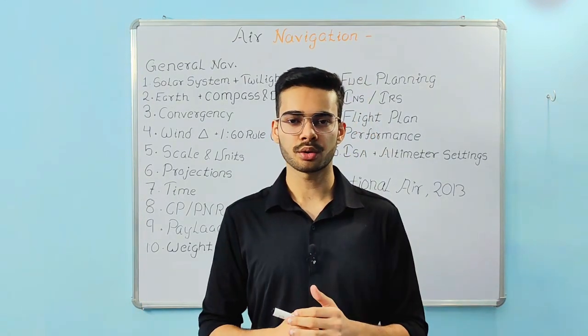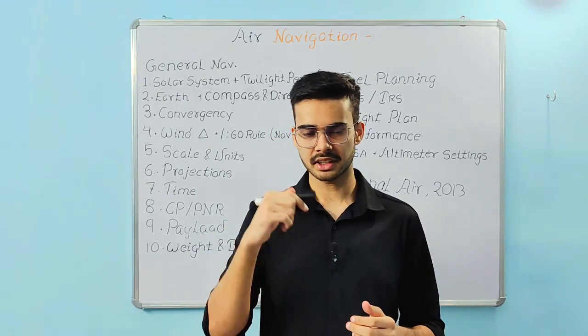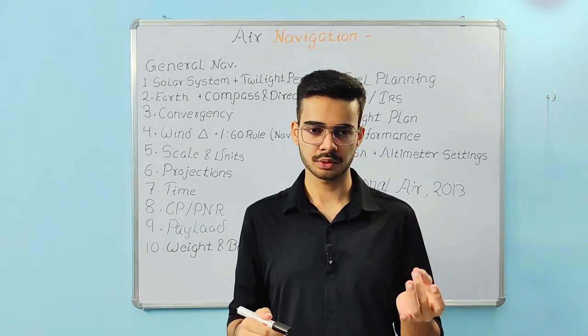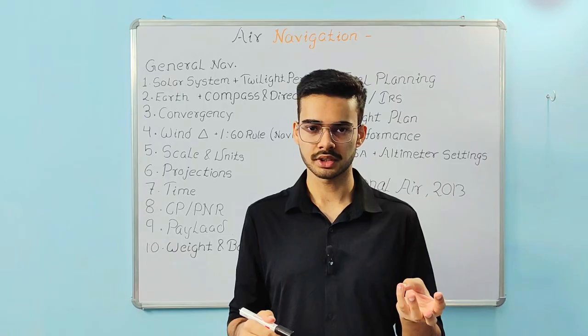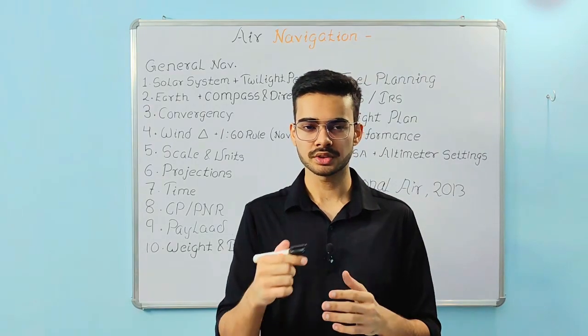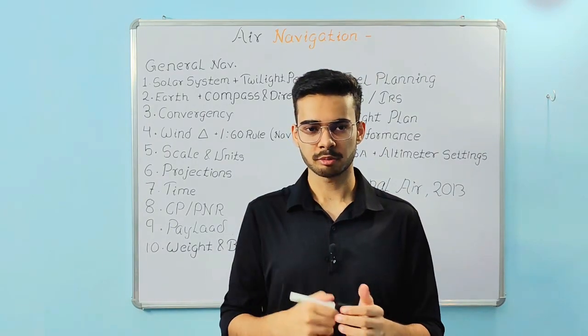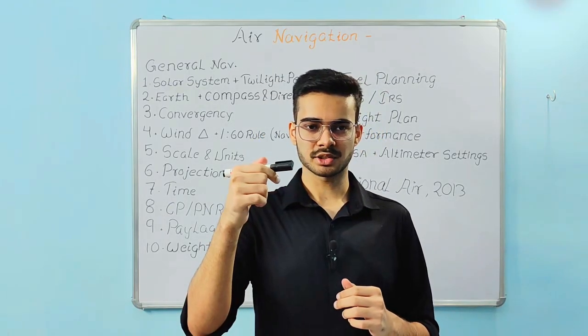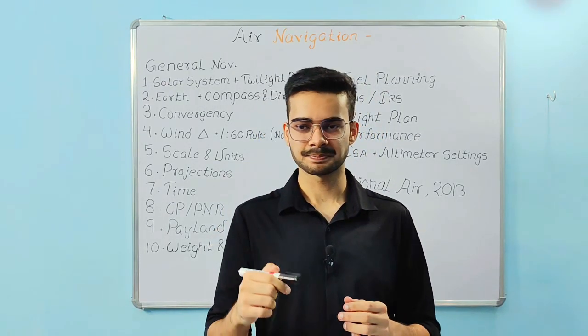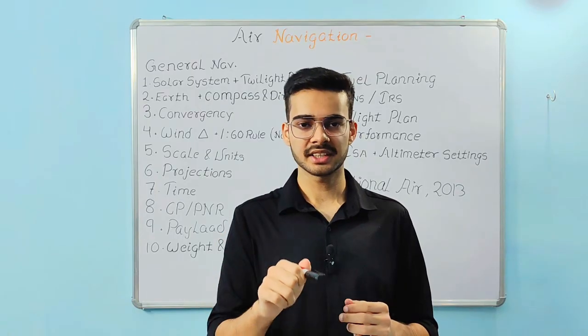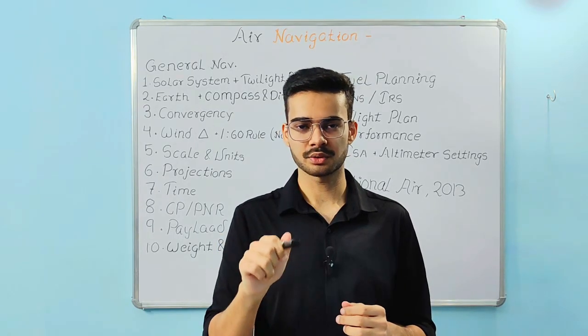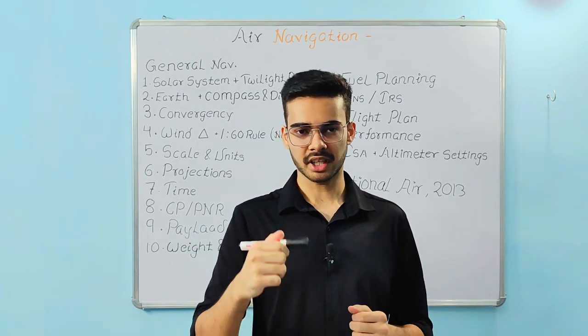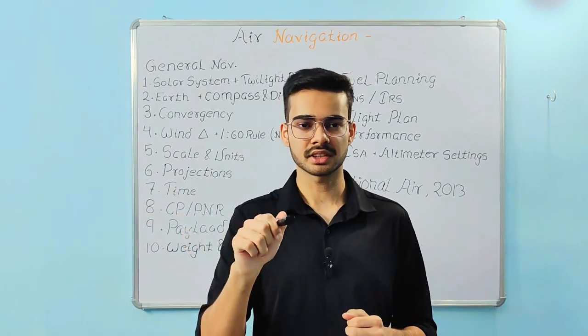We are going to study all of the different settings that we set in our altimeter, QNH, QNE, QNF, QFE, all of it, and how this affects our altitude. By the way, to answer your question, if we are above a certain altitude, we will need to set the QNE, the standard altimeter setting of 1013.25, and if the flight is at 33,000 feet, it is with respect to QNE.